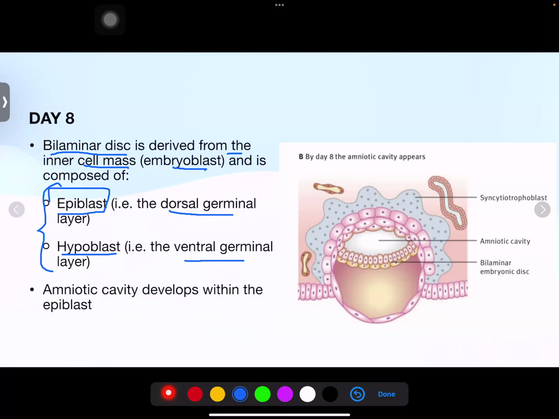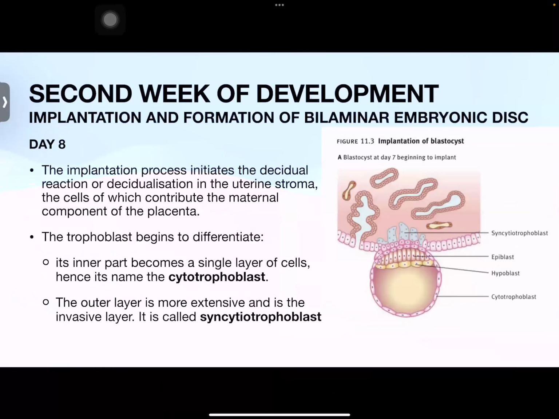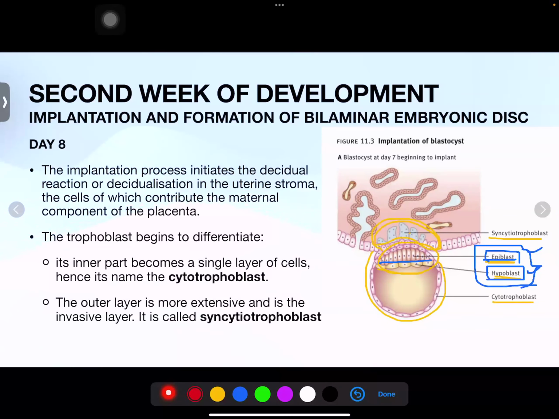And now, day 8 is very, very important. What happens in day 8? The amniotic cavity develops within the epiblast. If you see the previous diagram, this was the epiblast, just a layer of cells, and underneath is the hypoblast.